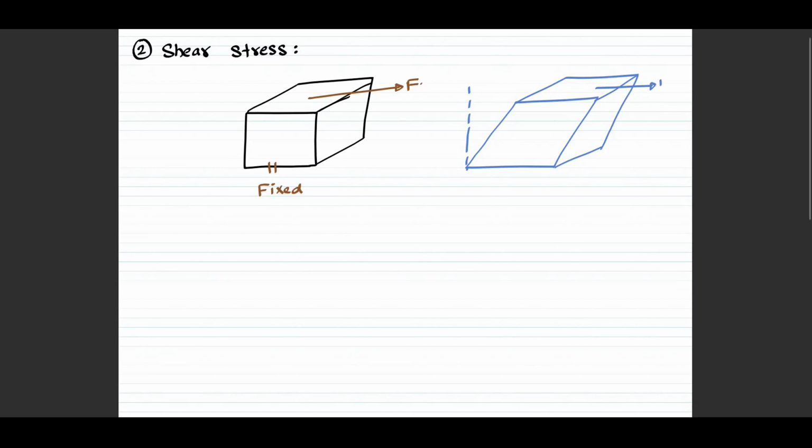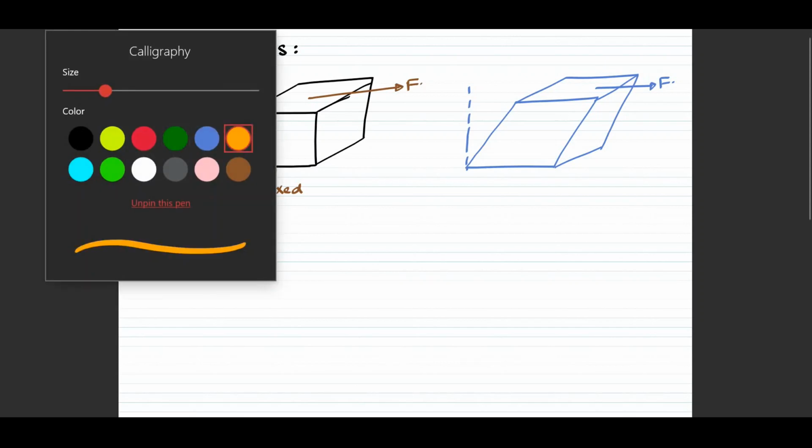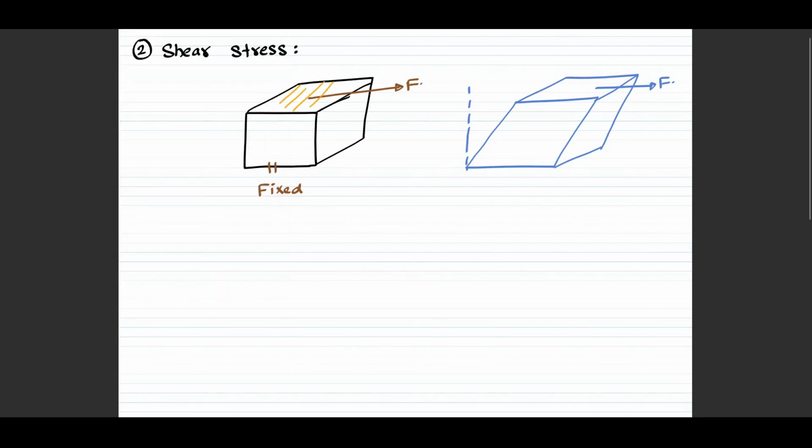Under the action of the force, this will be displaced like this, right? Now this time this is the cross-sectional area, and this is the force. Now the force is parallel to the area. So can I say shear stress will be F by A, right? Correct?